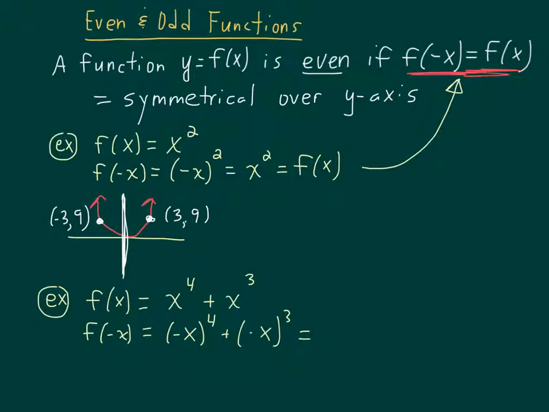Since we have an even power to start, that's going to stay x to the fourth, and then this negative x cubed is going to turn into a negative x to the third. Now notice that this result is not the same as what we started with. This is not equal to f of x. So therefore, this is not even.